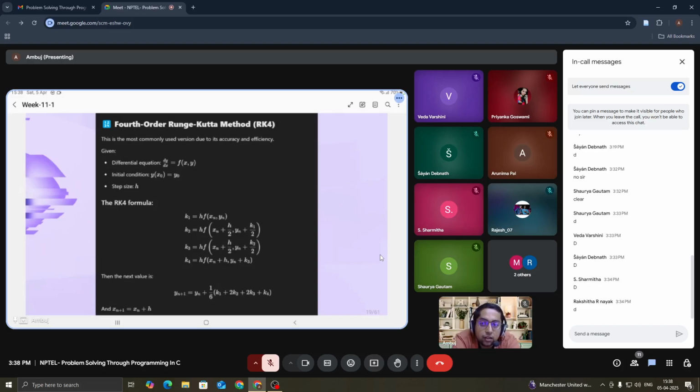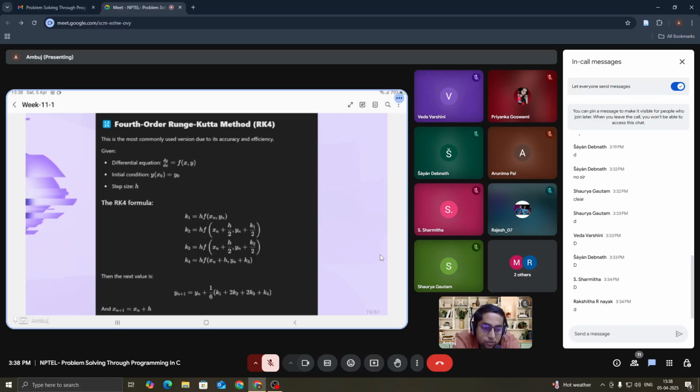You can calculate it using the expression h equal to b minus a over n, where n is the number of values and b and a are the bounds. That would be mentioned in the question. Then using the Runge-Kutta or RK4 method, you will calculate four different coefficients. K1 is h multiplied by f of xn comma yn.